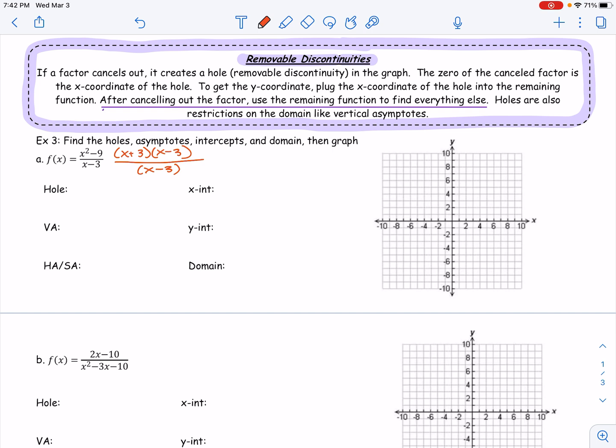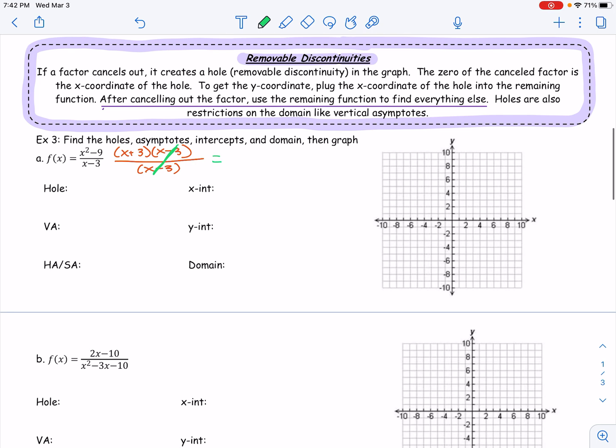What do I notice? Oh, I notice that something cancels out. I see that these factors cancel out. That is the hole. Okay, so first thing I want to do maybe is write out where is that hole located. Or you might want to say, okay, well, what's the remaining function?